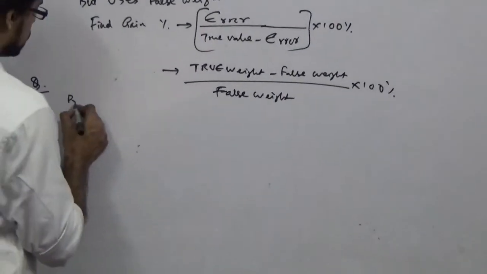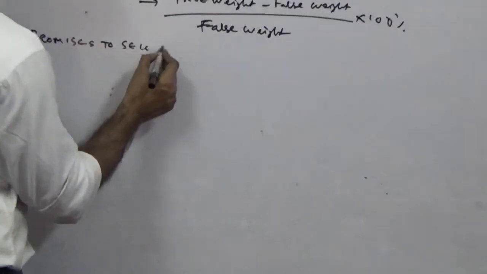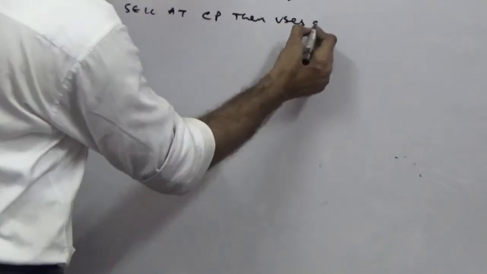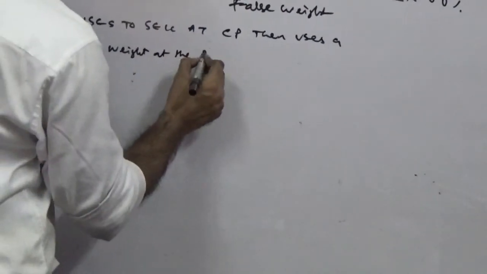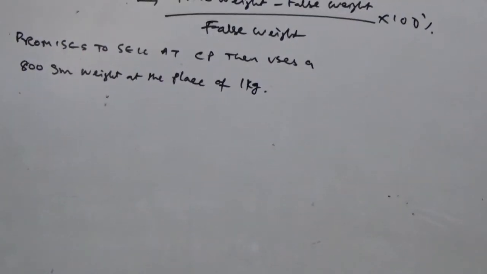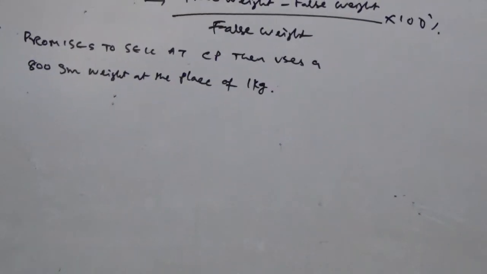So he uses an 800 gram weight in place of 1 kg. Okay. So you need to find the gain percentage.